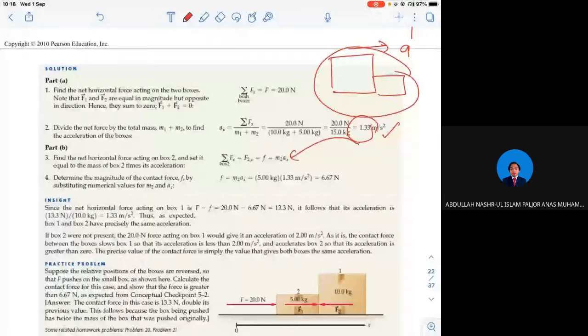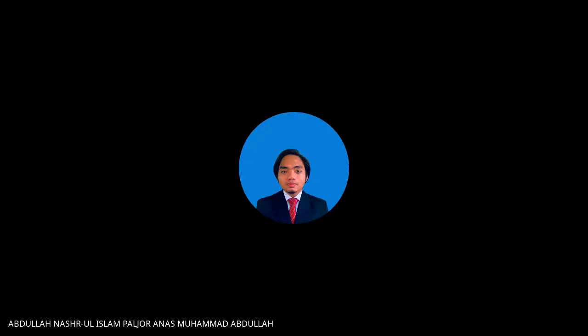Then we use the mass of box number 2, times the acceleration, to get 6.67 Newton. And the other one is equal to negative 6.67 Newton, just different in direction.